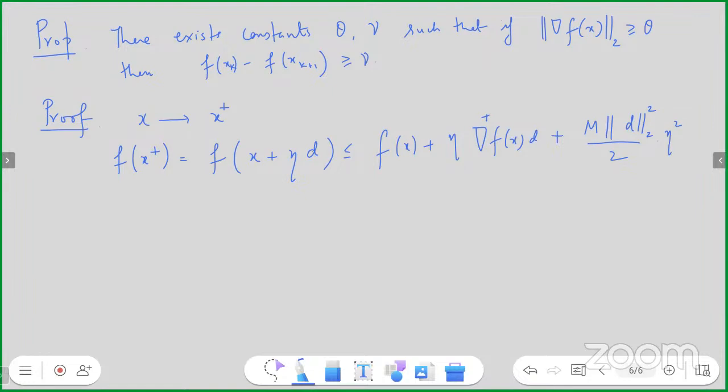Now define this new quantity which is actually of independent interest. I'll tell you the name given to it. So define this to be D transpose the Hessian D. But D, remember, let me call it Dn, which represents the Newton step. This quantity has a nice name. What is the name?